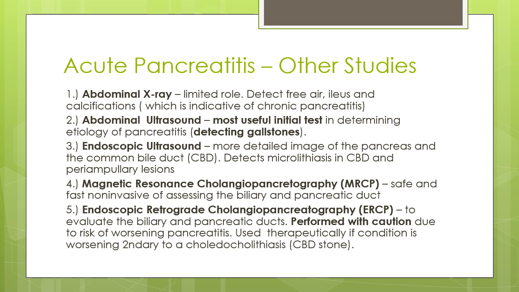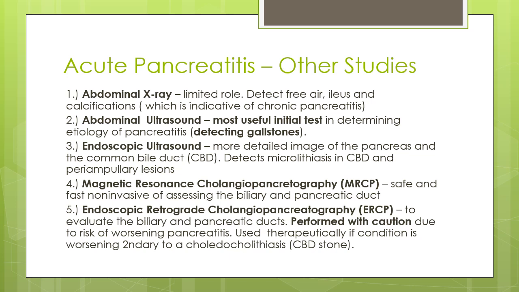Other studies utilized are the following. One is your abdominal x-ray, which has limited role but may predict ileus and may reveal calcifications. Abdominal ultrasound is the most useful initial test, especially for detecting gallbladder stones. Endoscopic ultrasound may give a more detailed image of the pancreas and the common bile duct.